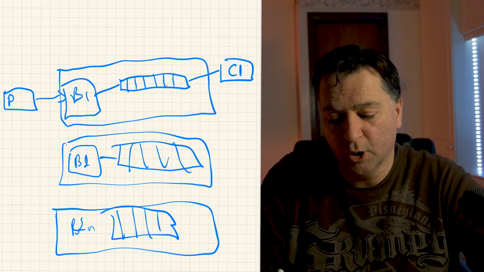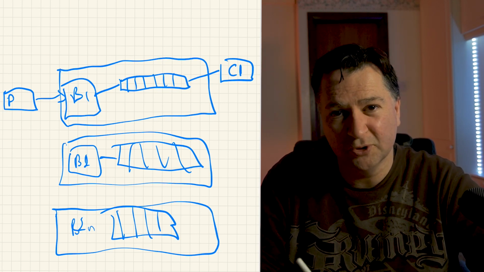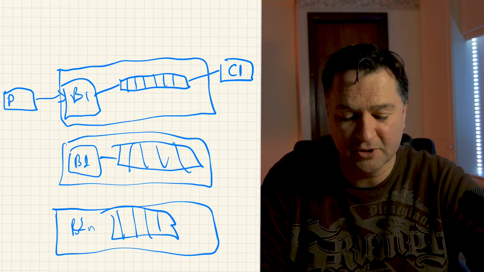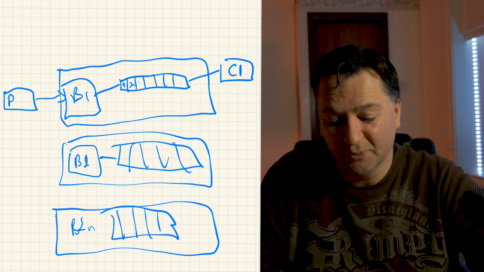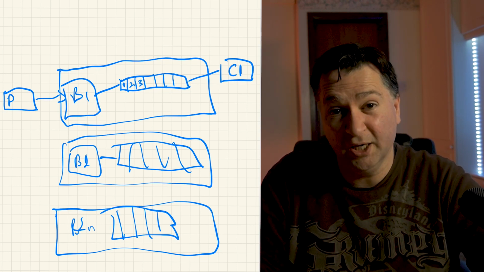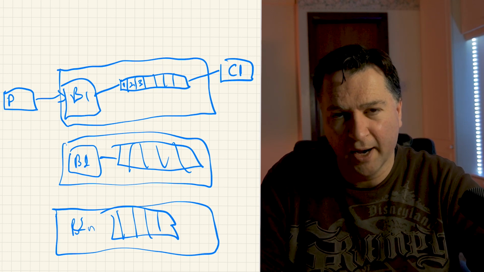Because consumer 1 could read from this message here, consumer 2 reads, and consumer 1 and consumer 2 are going to get in the way of each other. So consumer 1 reads message 1 here, consumer 2 tries to read message 2, consumer 3 tries to read message 3. It's just chaos, right? They're all trying to keep in sync and figure out who's reading from what.